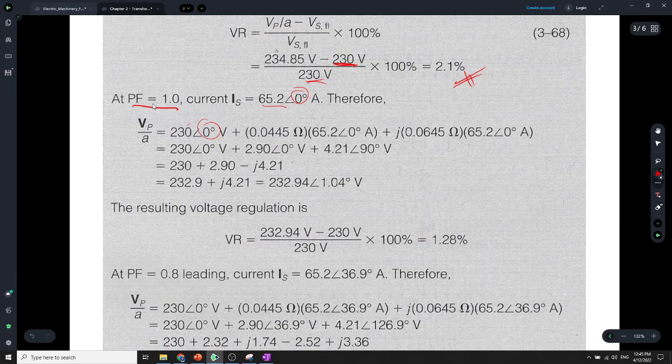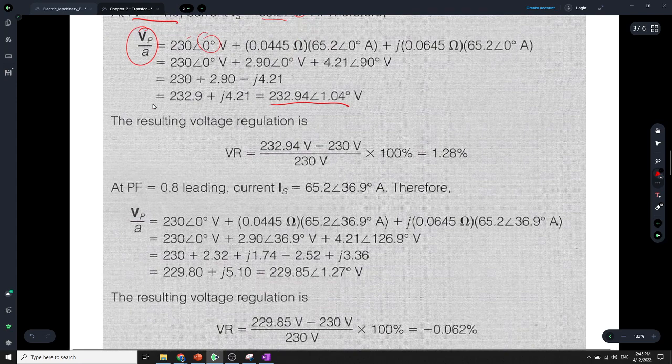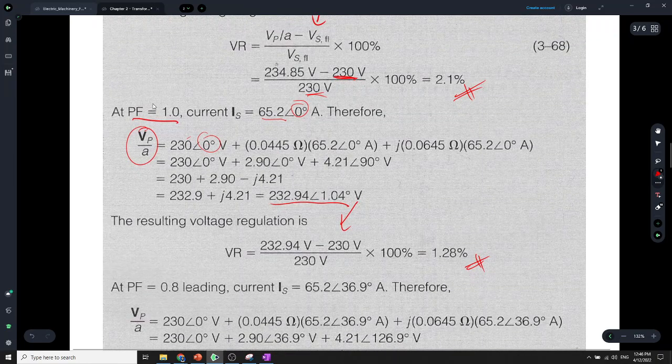Same equation, we just put everything, and we will get the value of Vp over a, and then we can calculate the voltage regulation. So from here we can see once the power factor is lagging and unity, we will get a positive number.